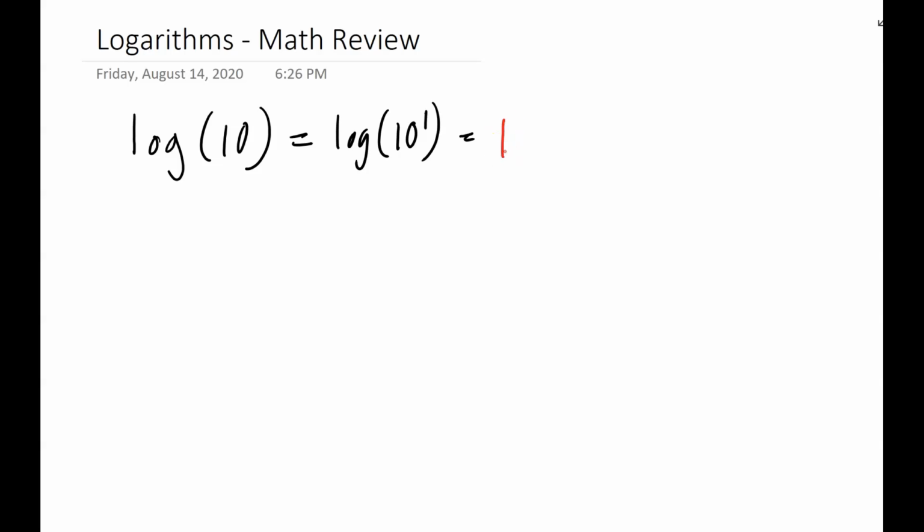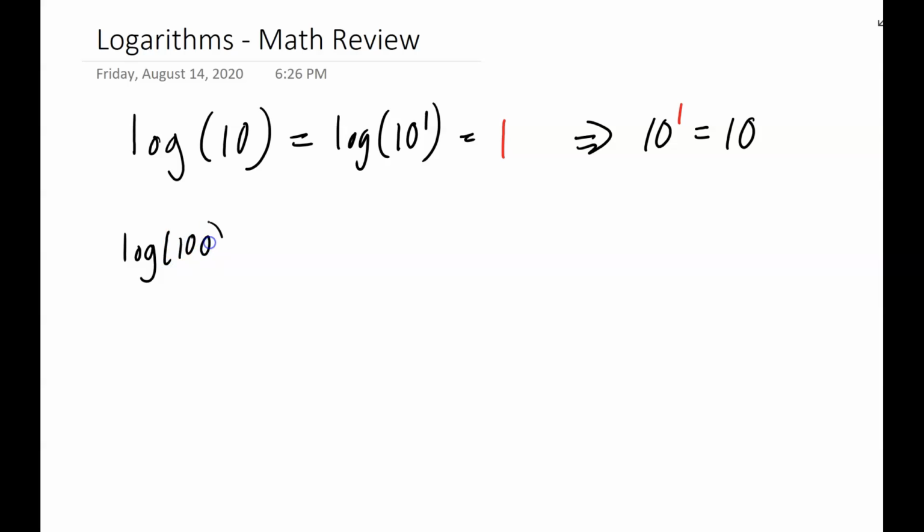Now, what you can see here is when you take a log of a number, it takes a bigger number, replaces it as a smaller number, and when it's log base 10, the number that it returns is the number that you would raise to power 10 to get back the original number, right? So if I take my 10 and I raise it to power 1, then I just get back my original number, 10, right?